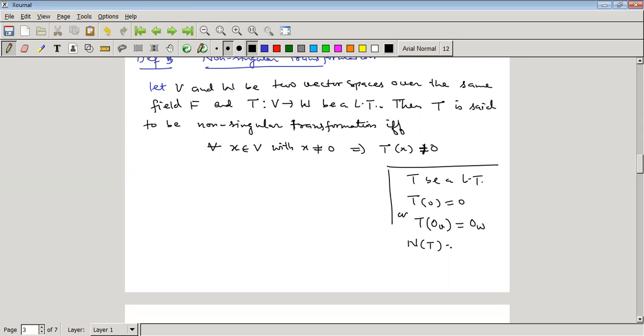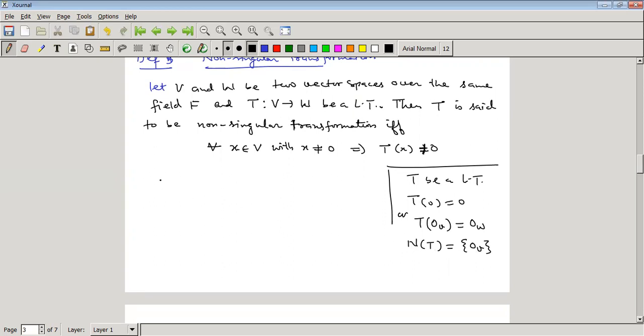In this case, if only 0v maps to 0w, then the null space of T is equal to a single element, 0v. So the null space of T equals the zero vector.